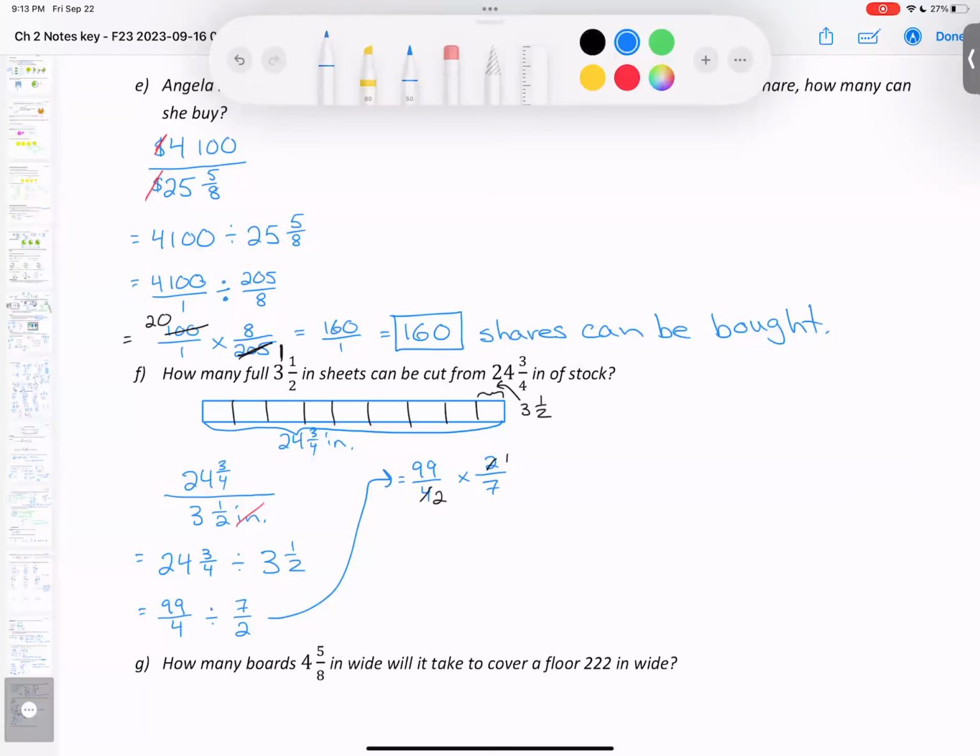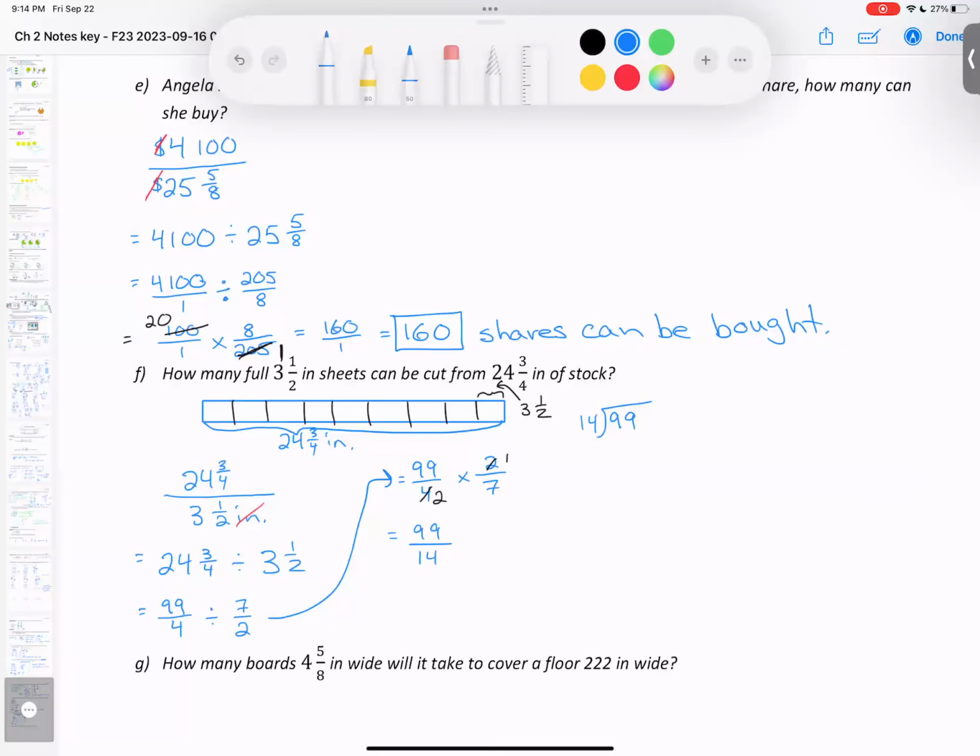So my answer here is going to be 99 times 1 gives me 99, and that's over 2 times 7 is 14. So once again, when I do these word problems, 99 over 14 doesn't mean a whole lot to me. I can't really visualize that. So I'm going to convert that to a mixed number. We're going to do long division on it. So 99 divided by 14.